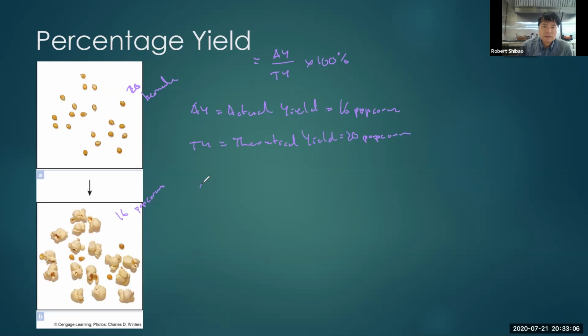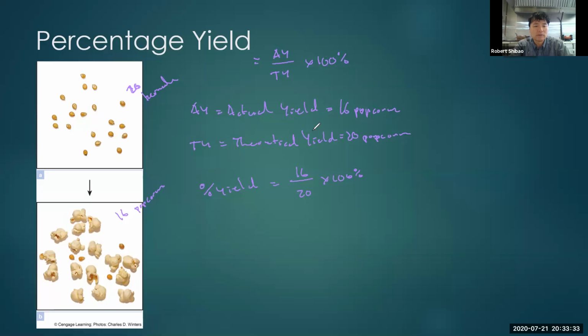So the percent yield is going to be the actual yield, 16, what we actually got, over what we're supposed to get. Theoretical yield is what you're supposed to get. We're supposed to get 20. We didn't for some reason. I don't know why these didn't pop. There's some reason, and we don't have to explain it. It just happens, unfortunately. So what's that, 3/4?